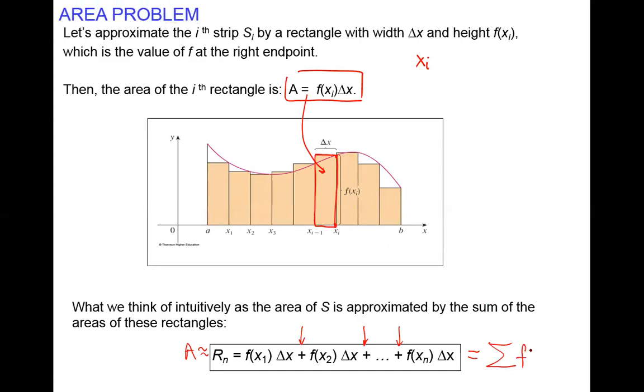We simply add f of x sub i times delta x, and i, the number of these rectangles, is changing from the first one to the nth one. The index below tells me what we're starting with, and on the top it tells me that I have to end at n.